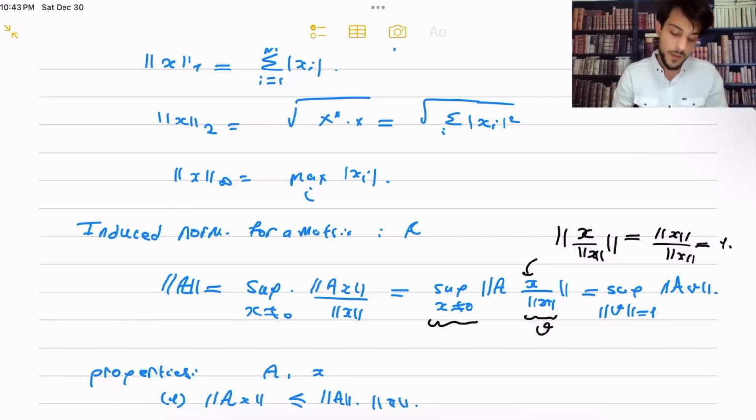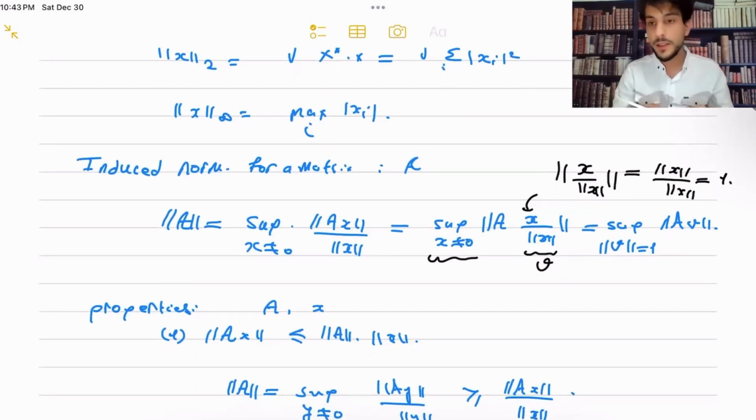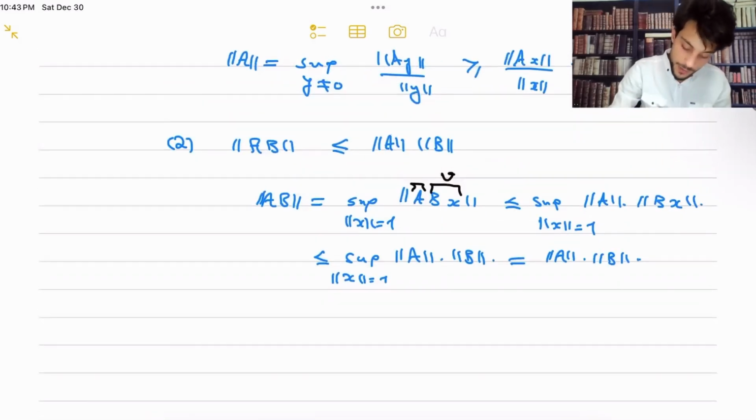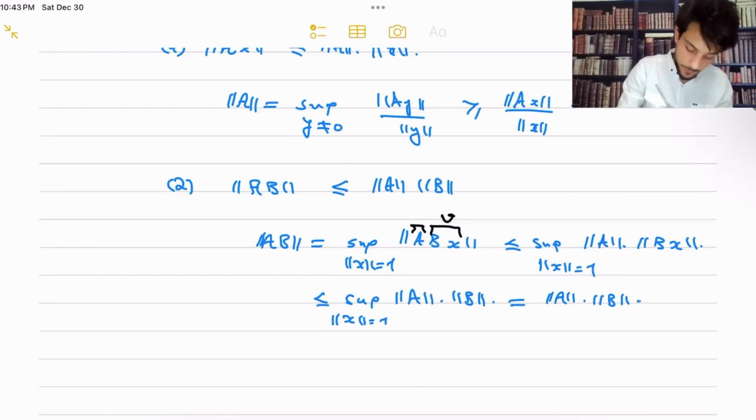So what we're going to do is try to define some equivalent definitions of the 1 and the infinity norms by the following theorem. So let us try to do that. This theorem says the following.